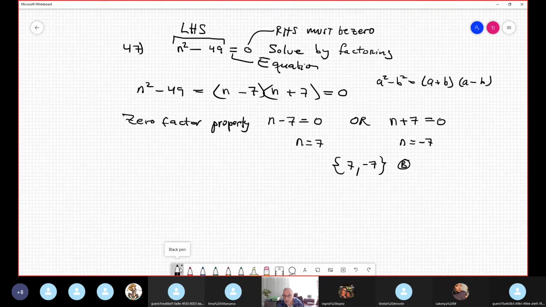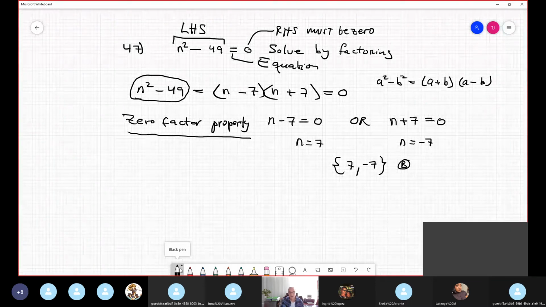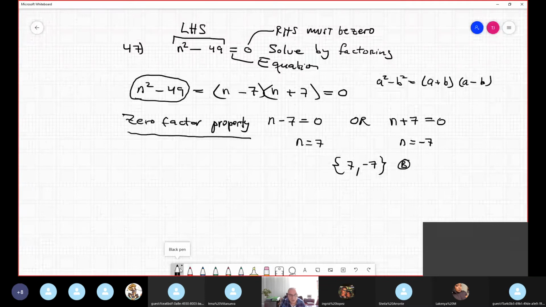So basically, the thing we are doing is factoring that expression, and the rest is, when this expression is equal to 0 and we have two factors, each factor separately is equal to 0. And this is called the zero factor property. Always the same.